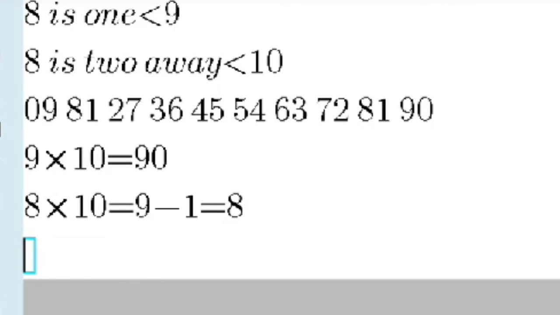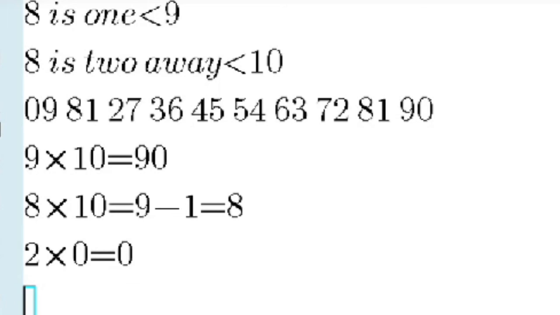Then at the right hand side, you times 2 to it. So 2 times 0 is equal to 0. What are you going to do? You combine the both. 8 times 10 is now equal to 80.